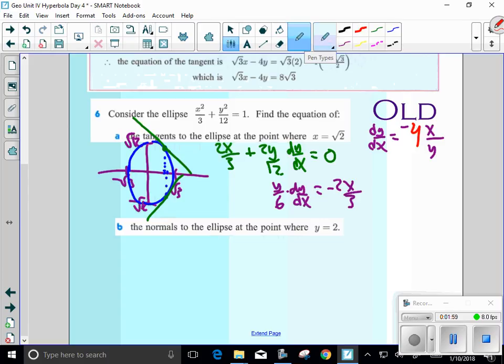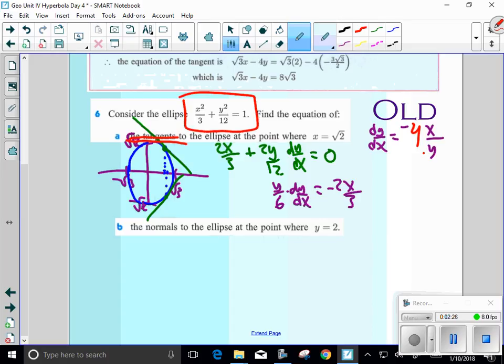So for the first one, finding the tangents, the slope is going to be found by taking negative 4 times x over y. Well, I know x. Do I know y? How am I going to find y? Don't need to integrate it.